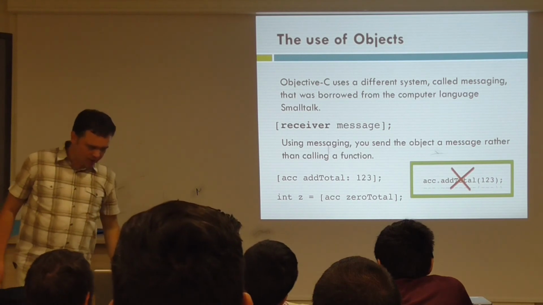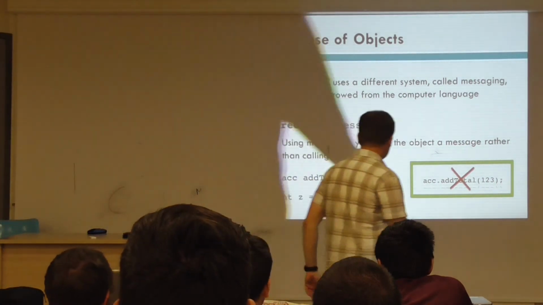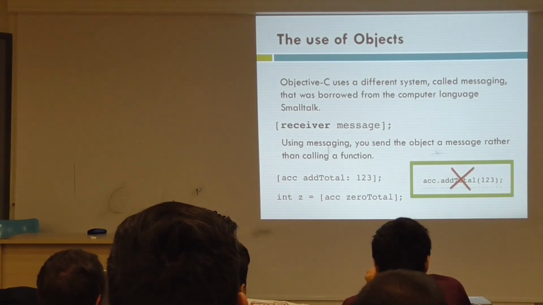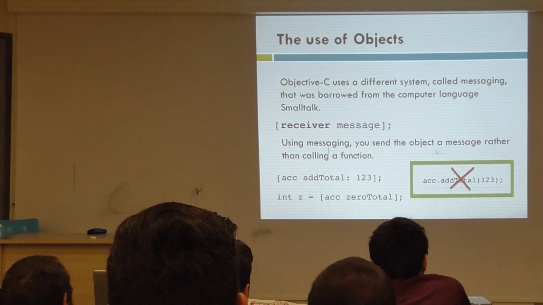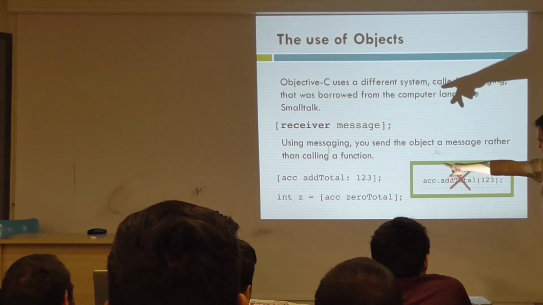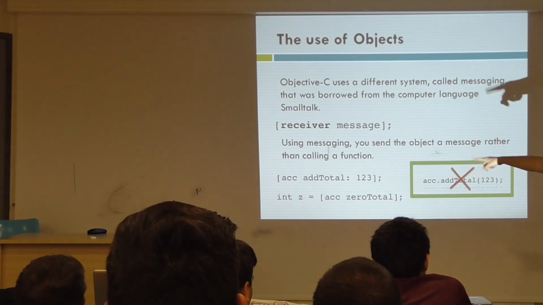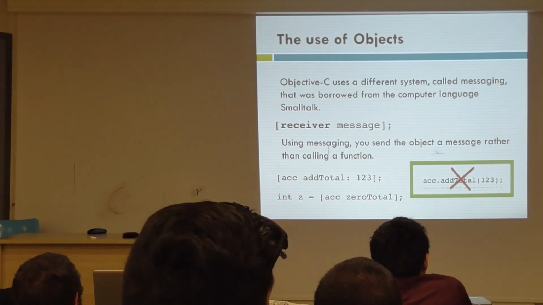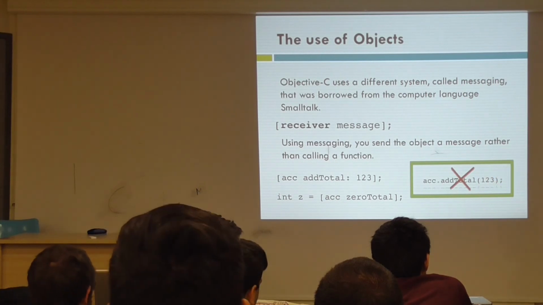So the calling looks similar to calling a method, add total, and send some value as a parameter, but we can say that we send this message, add total, and the value is 123. Okay, we can do also something like that.